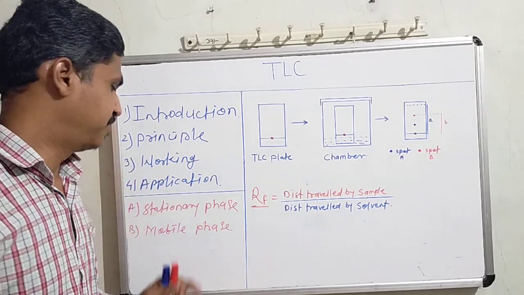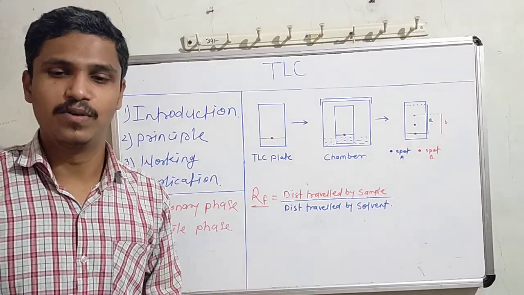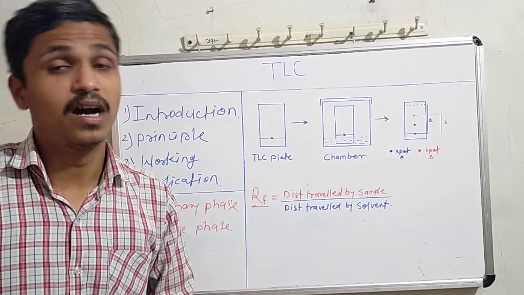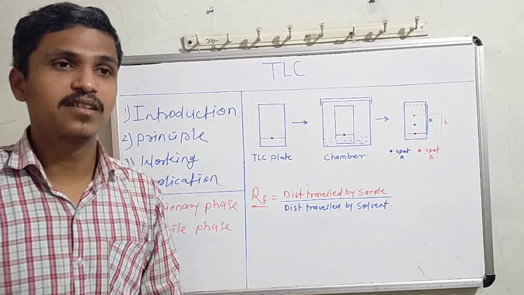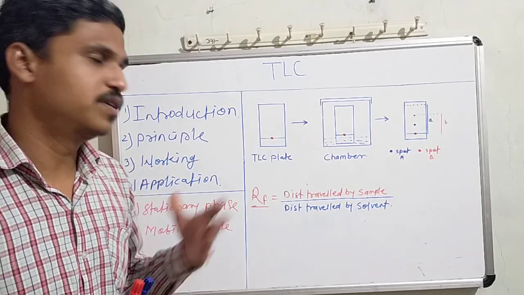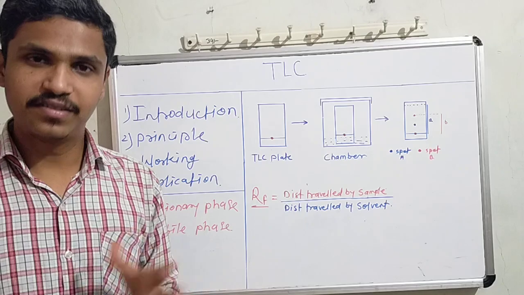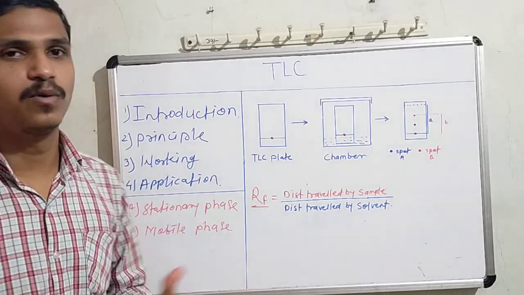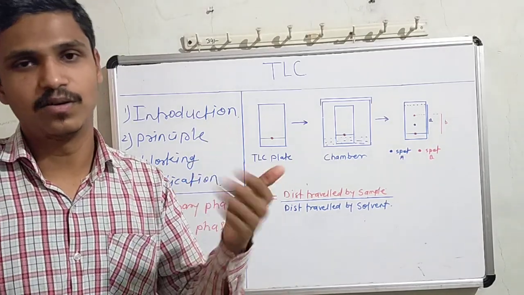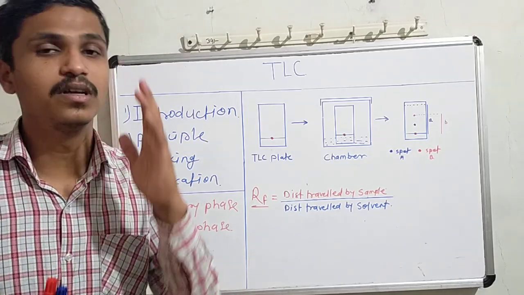The mobile phase is mostly a liquid, which can travel from one place to another. The question arises in the mind: in the TLC technique, which one is the stationary phase and which one is the mobile phase? We will discuss this when we go through the working.